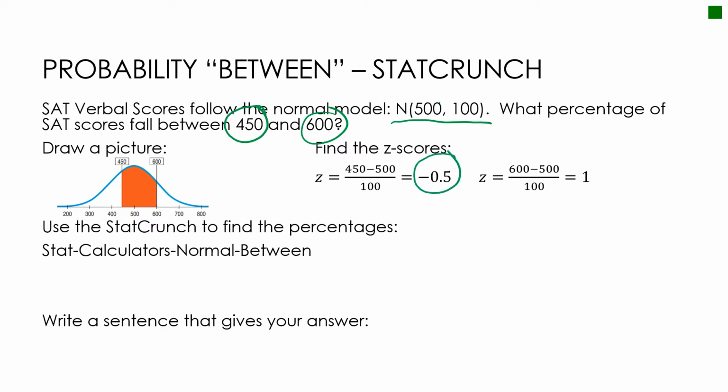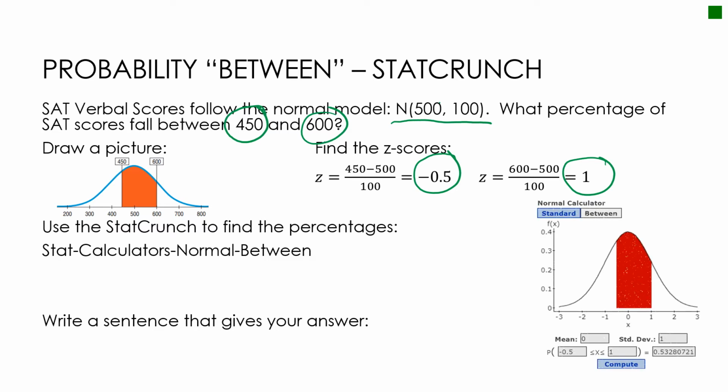And I get my two z-scores. Then what I'm going to do is go to Stat, Calculators, Normal, and Between. So notice what I did is on the last video we went to Stat, Calculators, Normal. This time I clicked the Between button.